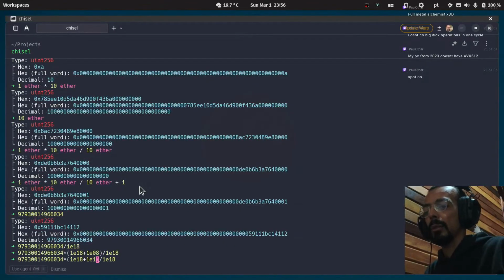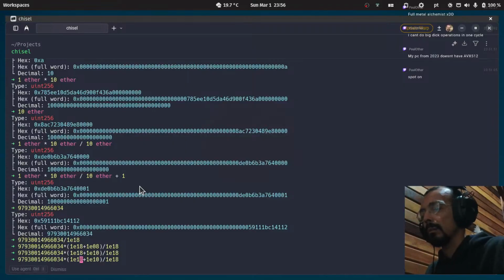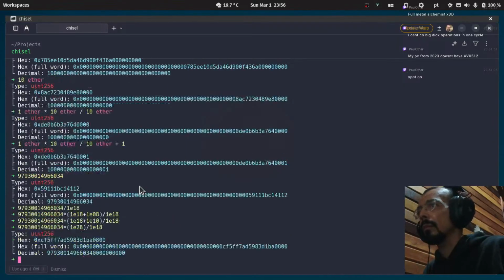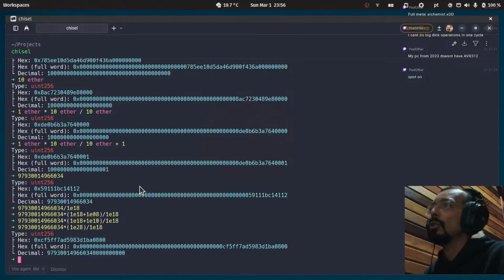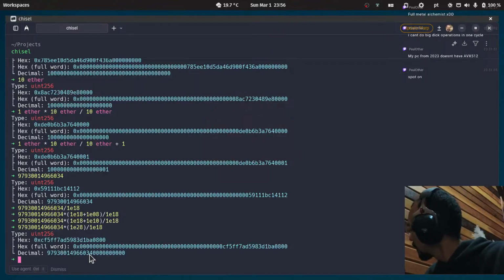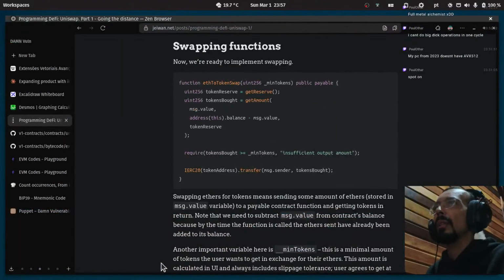Still not enough. So let's go 10. Wait. Something wrong here. There. Sum up. Okay, so that's 10, right? So that should be what? Oh, that's done. Okay, let me count. Let's go manually counting stuff.